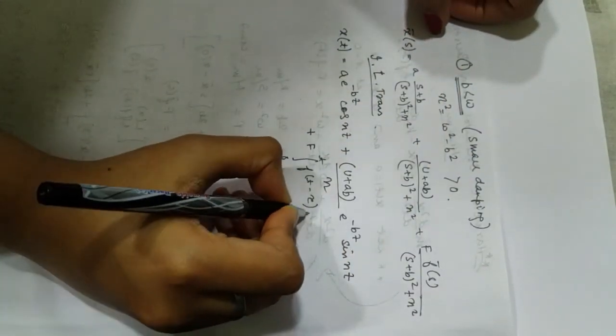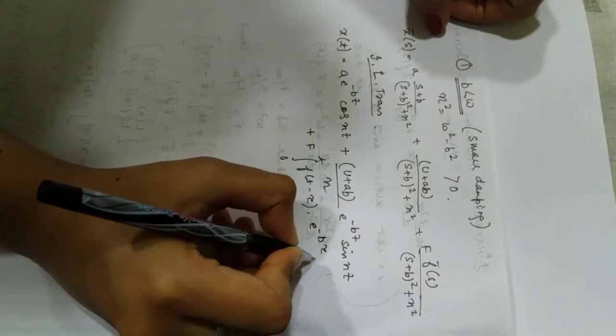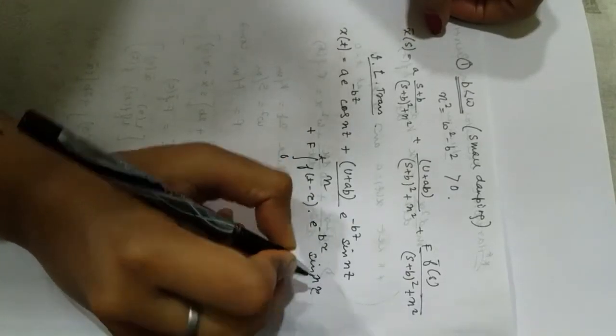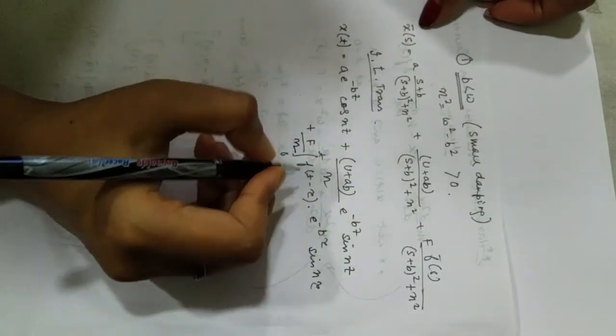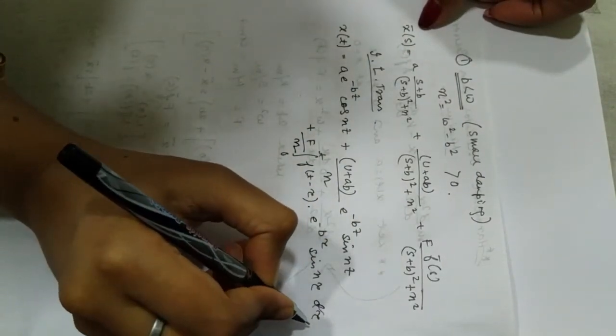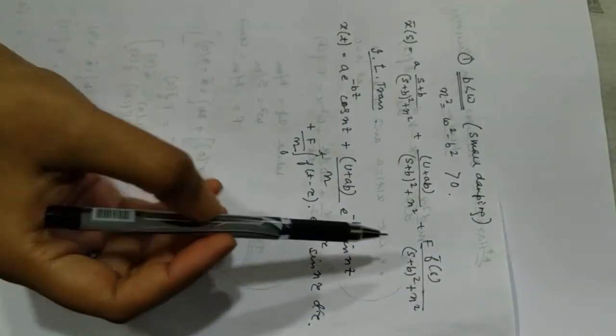So we have e to the power minus b tau sine n tau, but in sine we would have an n in the numerator, so we divide it by n d tau. Right. I hope this is clear.